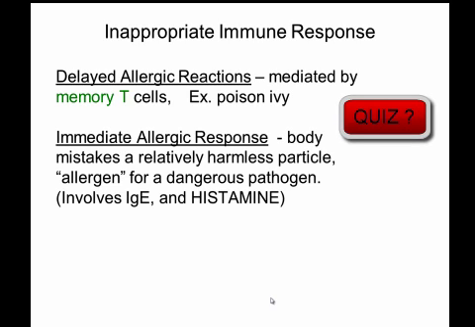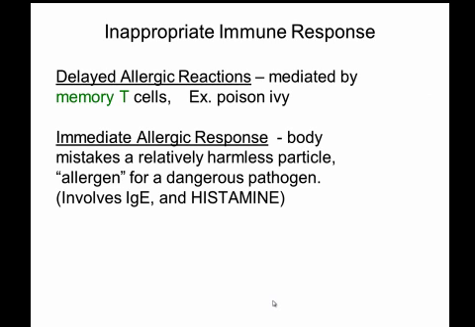What you're probably more familiar with would be an immediate allergic response or a hypersensitivity response, often called hay fever. This is where the body will mistake some relatively harmless particle, it could be ragweed pollen or Johnson grass pollen or pet hair, relatively harmless, but the immune system recognizes that as a dangerous pathogen and in some cases can have just an overwhelming response.